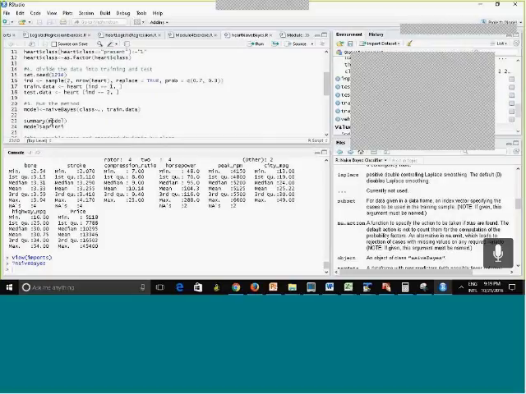The intercept will not always have a logical meaning, right? Basically, an intercept is going to be the area if all the independent variables are zero. It's similar to a line, a point where the line crosses the y-axis, right?